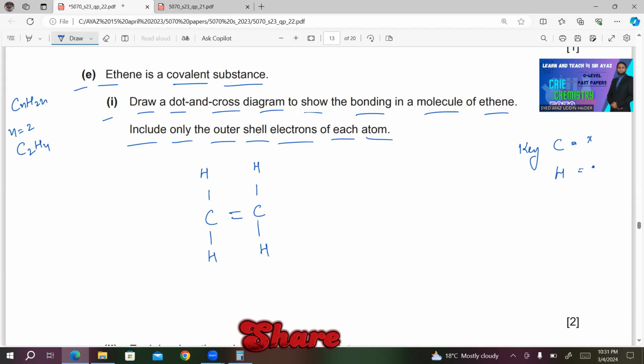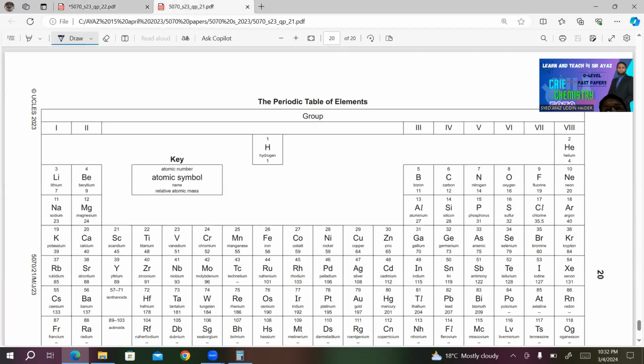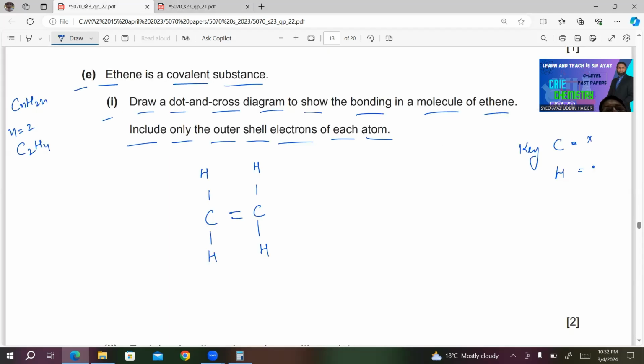So for each carbon atom, there must be 4 valence electrons. As you can see here, carbon belongs to group 4. It must be having 4 valence electrons sharing with each hydrogen atom, and 2 of the valence electrons of each carbon atom will share with each other.